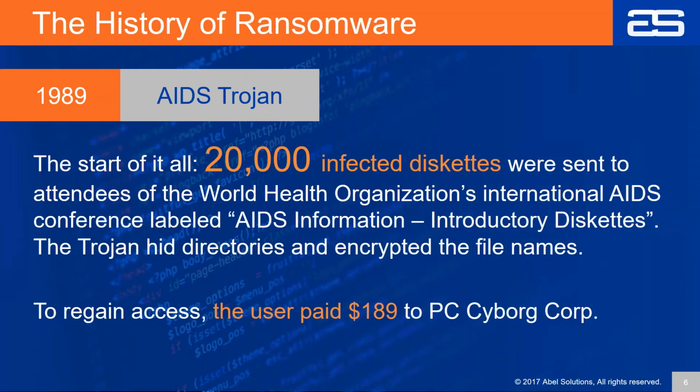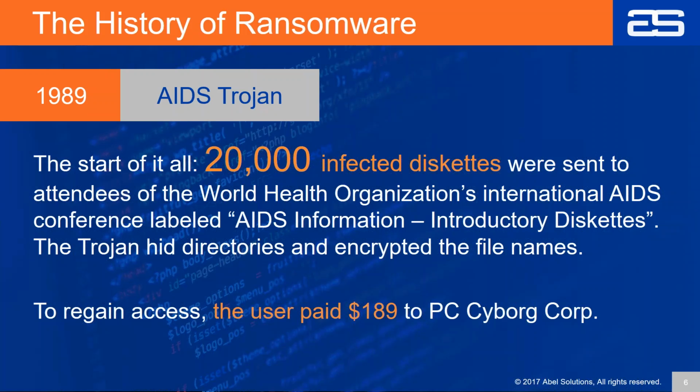Once installed, the Trojan waited for their systems to be rebooted 90 times, then the Trojan hid directories and encrypted the names of files on the computer. To regain access, the users had to send $189 to PC Cyborg Corp at a post office box in Panama.